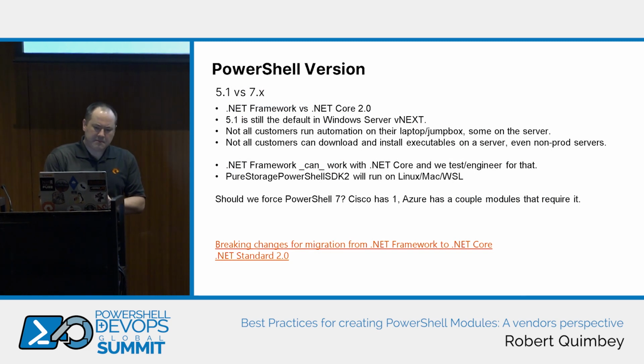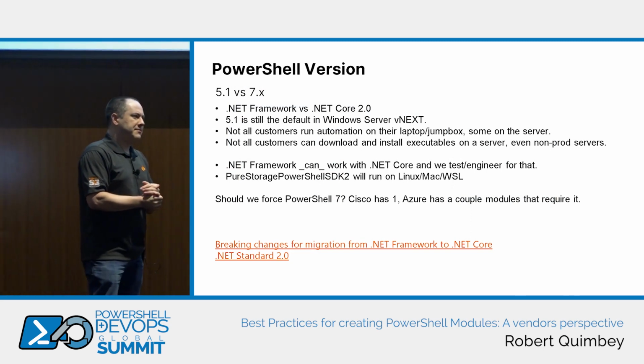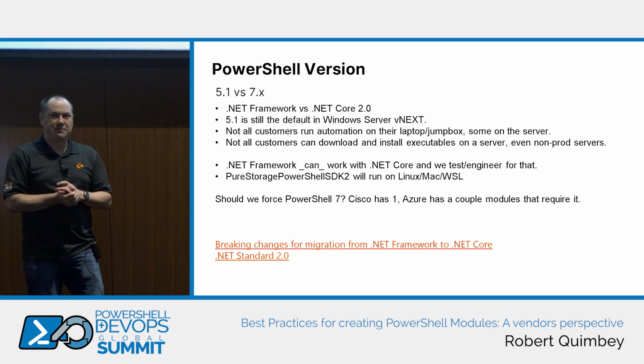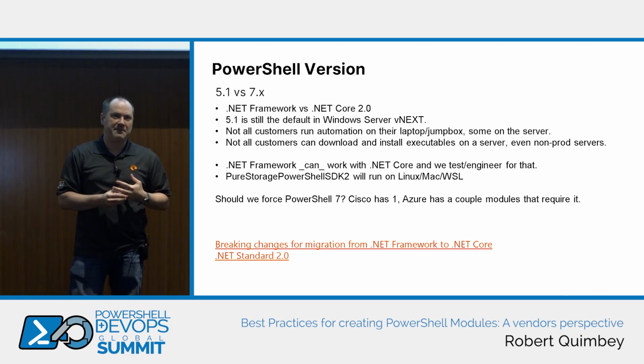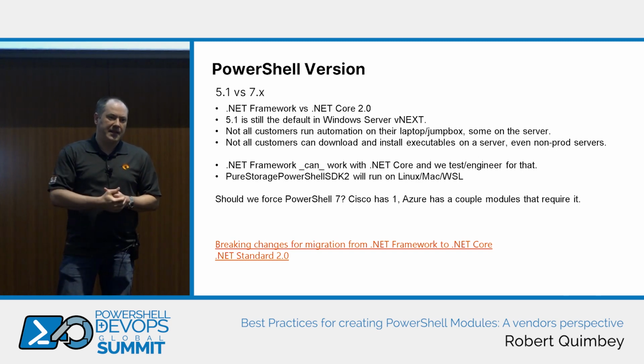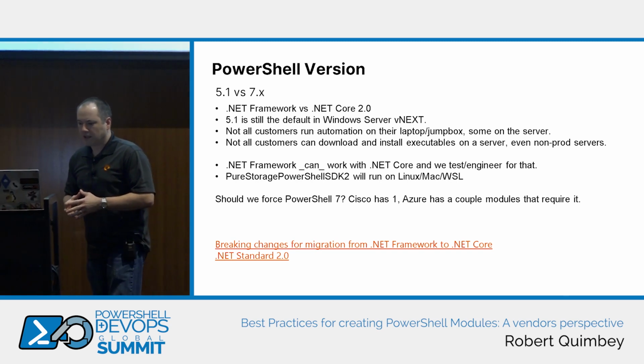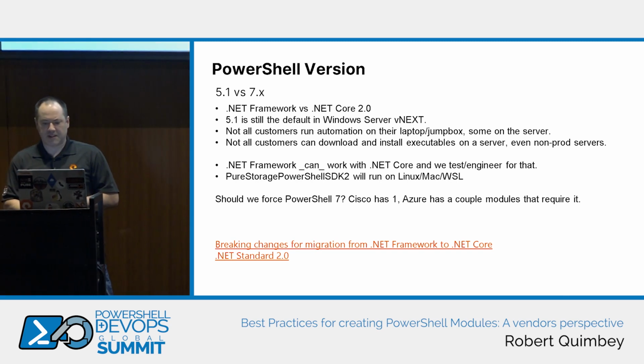Another thing is PowerShell versions. If you go back, maybe 2018, 2019, around the PowerShell 6 time when they were splitting off the .NET Core, it either worked in the .NET Core version of PowerShell or it worked on the framework version of PowerShell.